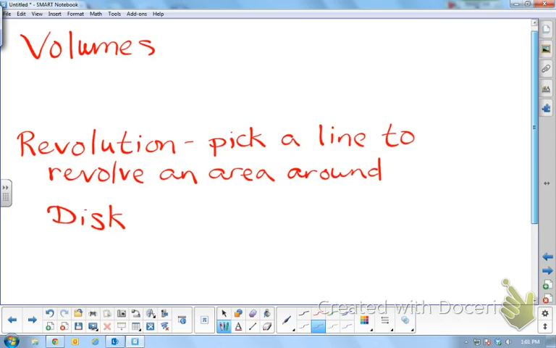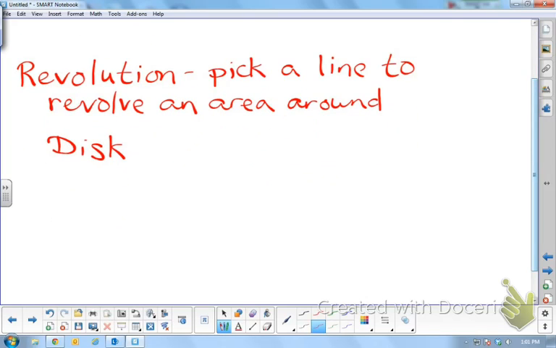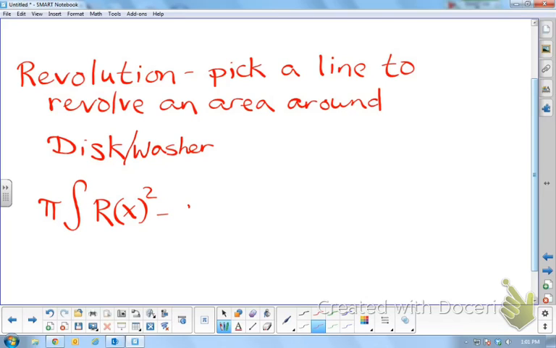Now sometimes there's empty space. What happens if you have two circles? You find the area of the smaller one, and then the bigger one, and you subtract. So disk, which really is washers, you subtract the two areas. So we have pi, and we've used big R of x squared minus little r of x squared.